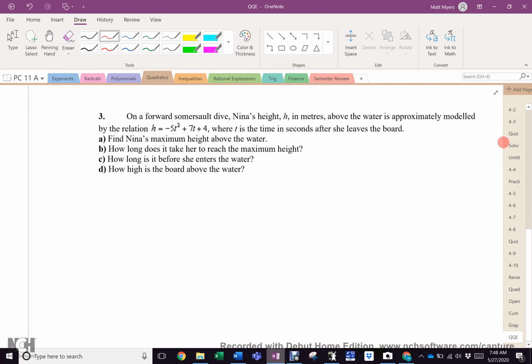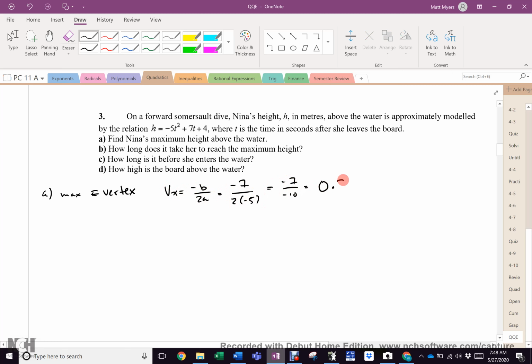All right, here's another question with motion. A, find Nina's maximum height. Well, isn't a max equal to a vertex, right? So all I've got to do is find the vertex here. So vertex x equals negative b over 2a, which is negative 7 over 2 times negative 5, which is negative 7 over negative 10, which is positive 0.7.